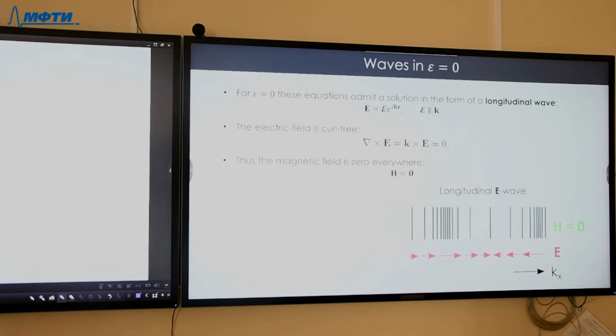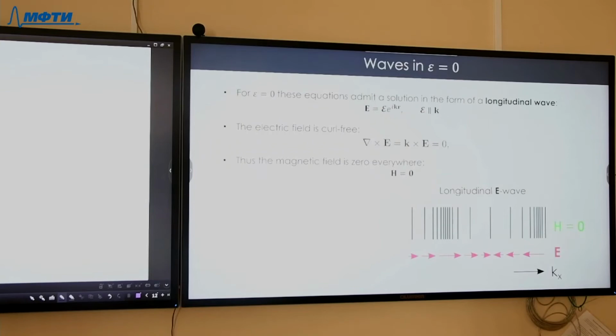And this is something you would often see in acoustic waves or in elastic waves, where the waves are often scalar waves, and the quantity that behaves as a plane wave is, for example, the density of the material, the density of the gas that supports propagation of sound waves. And this is a longitudinal wave.